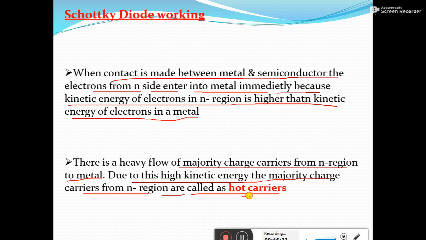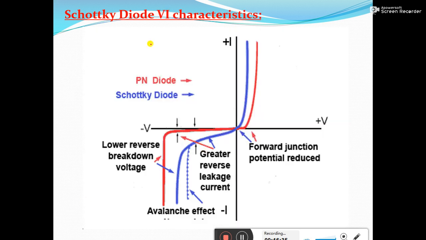Now if you see the VI characteristics of the Schottky diode, you can see the red characteristics look like a normal PN junction diode. The only difference you are going to find is in the forward bias characteristics. This is the forward bias characteristic of a PN junction diode.